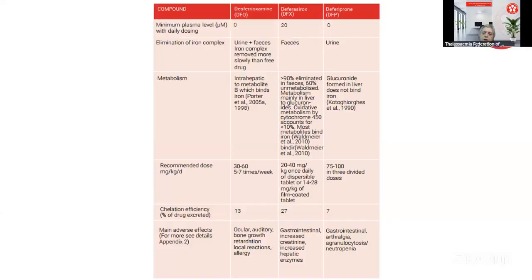Common are arthralgia, which is present in 30% of the patients. And a more sinister side effect, which is fortunately not so common, is agranulocytosis and neutropenia. Next slide, please.